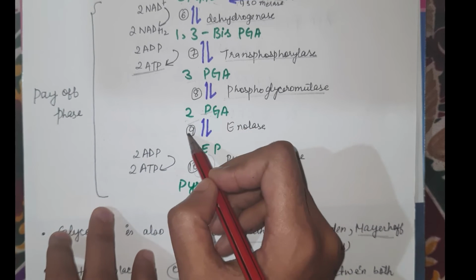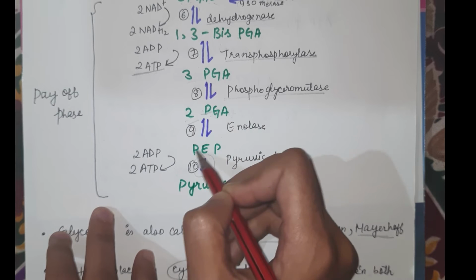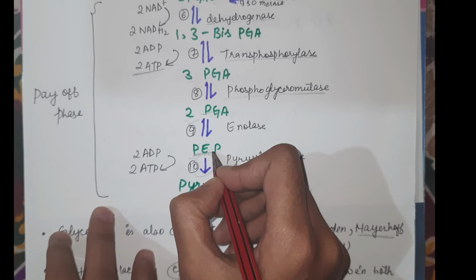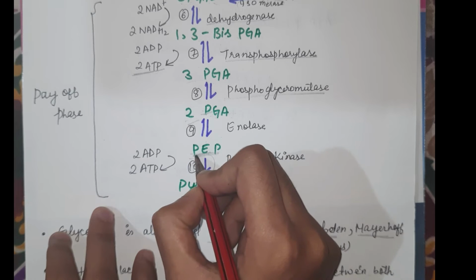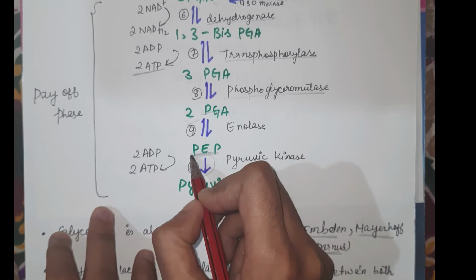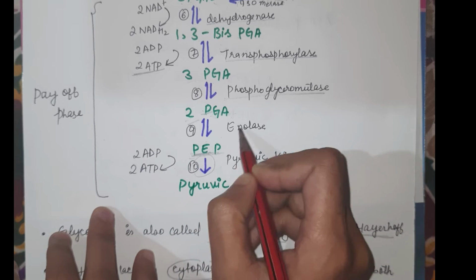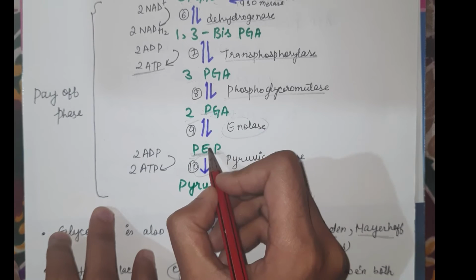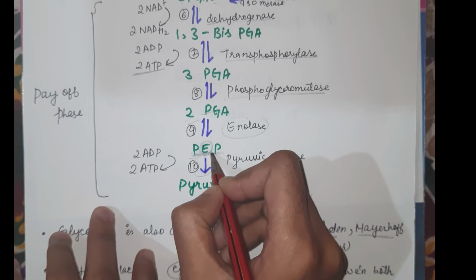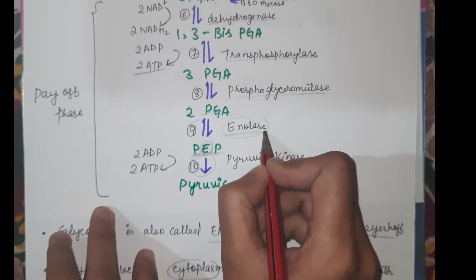In the 9th step, 2-phosphoglyceric acid is converted into phosphoenol pyruvate in the presence of enolase. Here see, enol is coming, so the enzyme name is enolase.